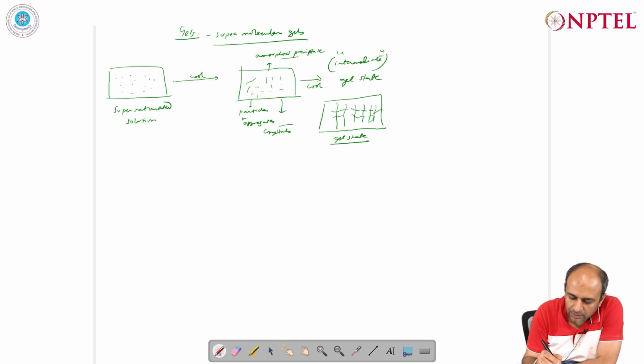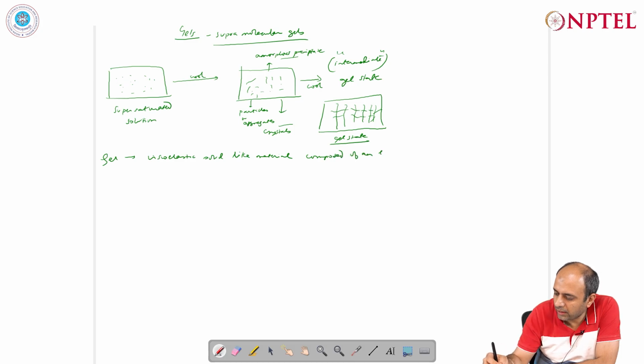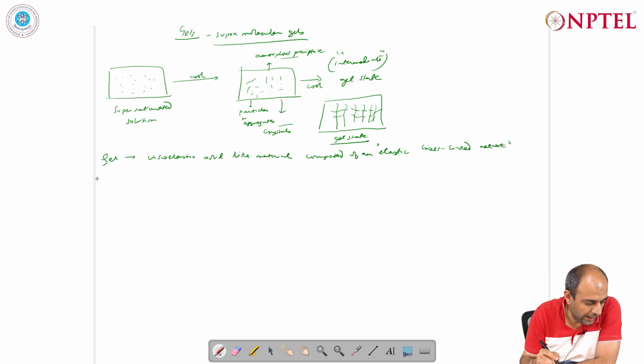So the gel substance is a viscoelastic, solid-like material which is composed of an elastic cross-linked network and a solvent which is the major component.